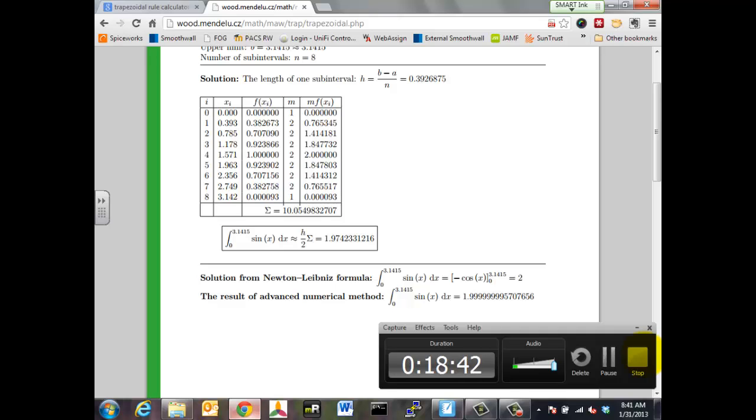All right, let's see. I see sine of 0 plus 2 sines of pi over 8 plus 2 sines of pi over 4 plus 2 sines of 3 pi over 8 plus 2 sines of pi over 2 plus 2 sines of 3 pi over 4 plus... Oh, I forgot 5 pi over 8. I skipped one. Okay, but that shouldn't matter. So you said you needed 2 sine of what? 5 pi over 8. 5 pi divided by 8.